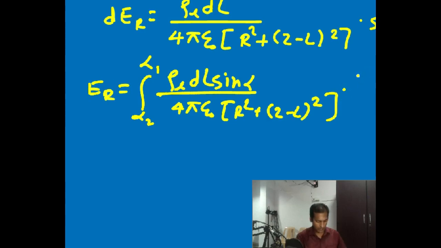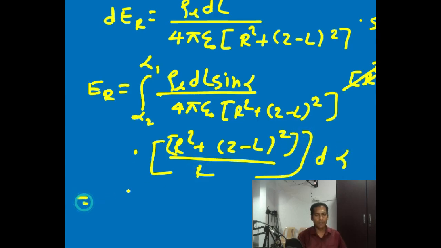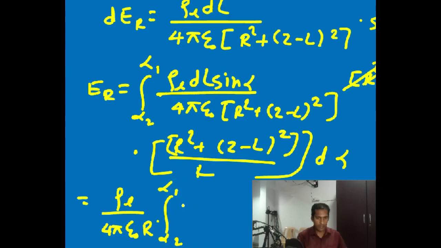So here we'll keep the value, that is r square plus z minus L whole square by r d alpha. So its solution will be, we'll take out constant rho L by 4 pi epsilon naught r, alpha 2 to alpha 1.